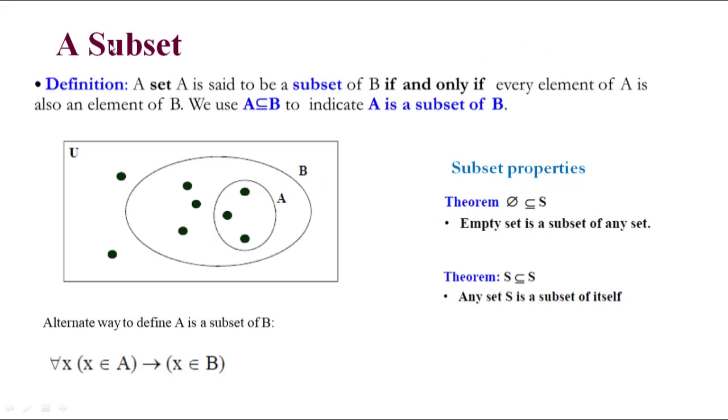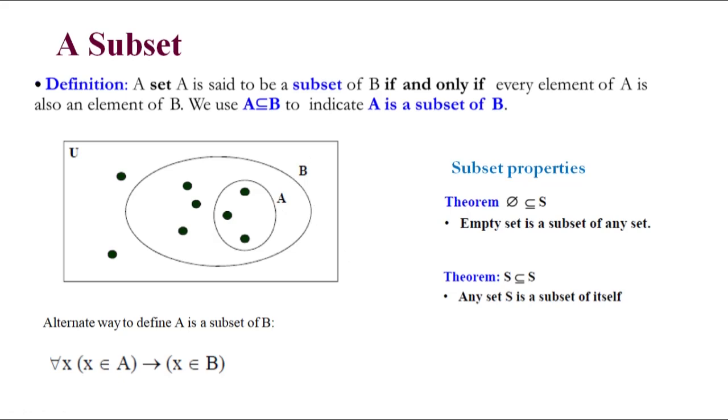Now this is the universal set under which several points are there. A is the representation and B is enclosing A, so that means A is the subset of B. While coming to the subset properties, these are the properties that you are supposed to remember.